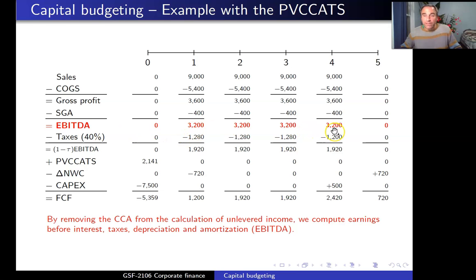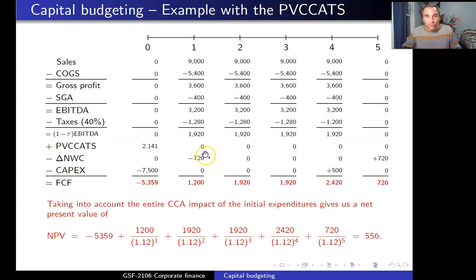This number is constant, because what was changing in the previous calculation was the CCA depreciation. Here everything else is constant. Sales are constant, cost of goods sold are constant, SGA is constant, so EBITDA is constant. So taxes are constant, and EBITDA after taxes is also constant.